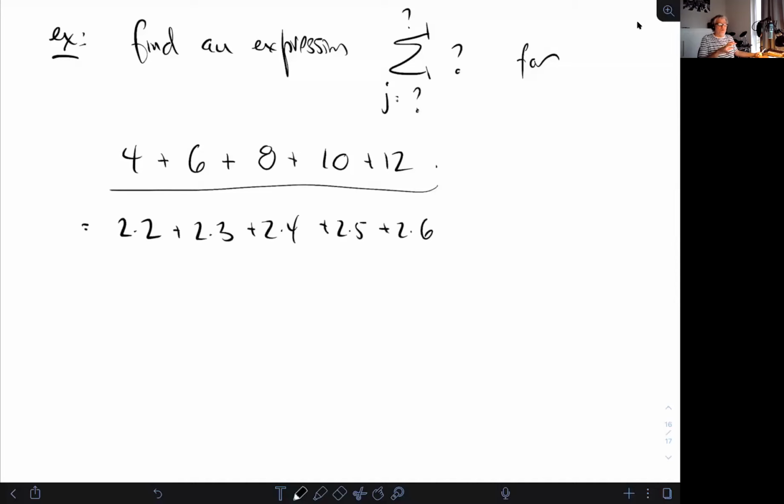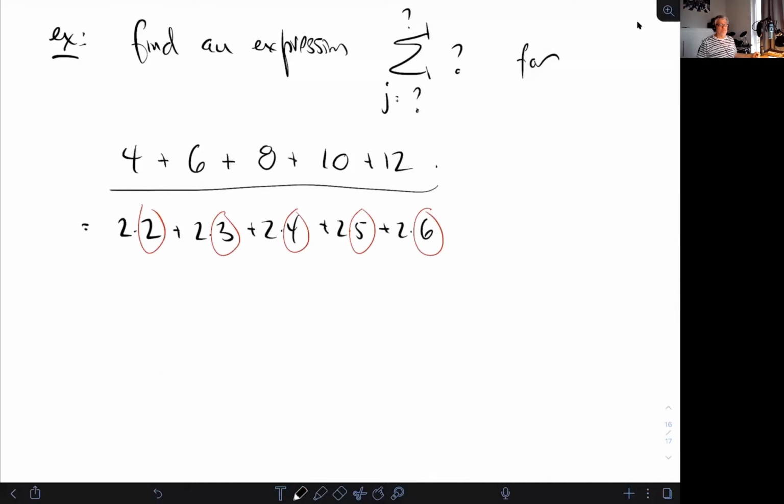So you have to spot if there's something that's increasing by 1 each time. Yes, there is. What you're looking at is a single expression in which you change the value by 1 each time. So here's how you could do this.